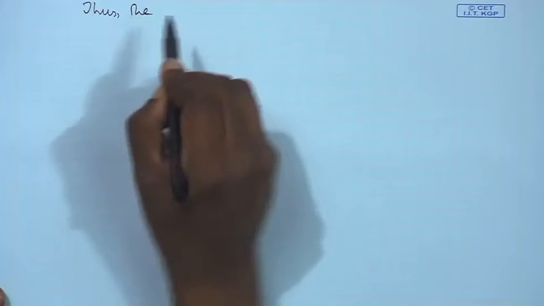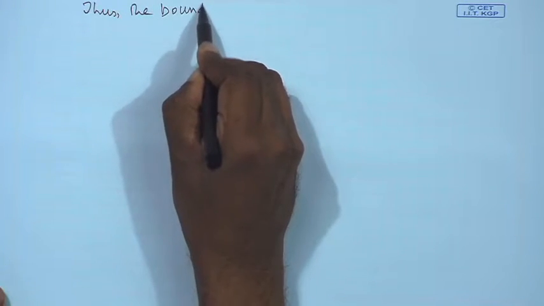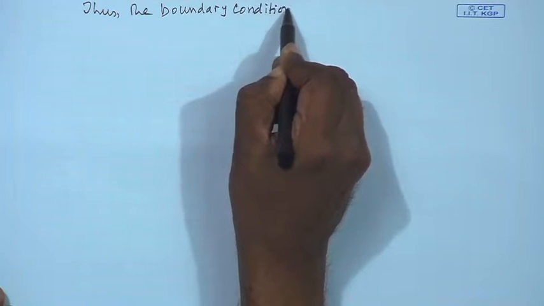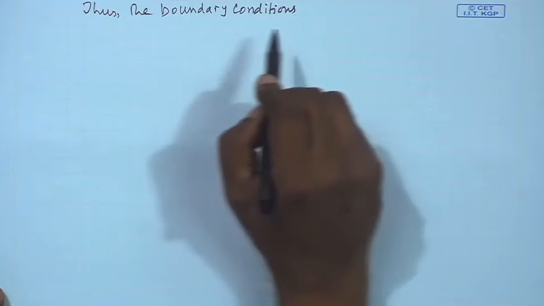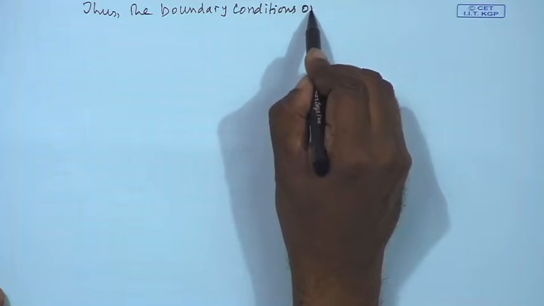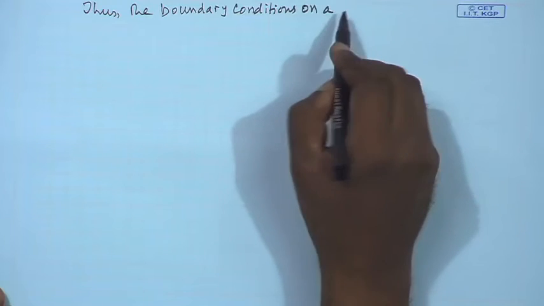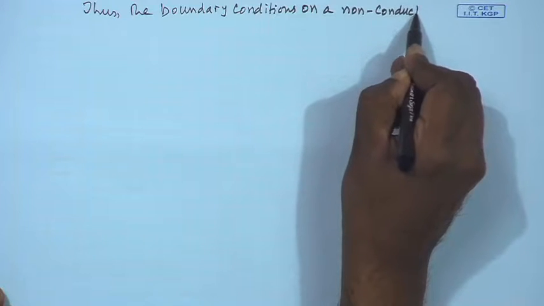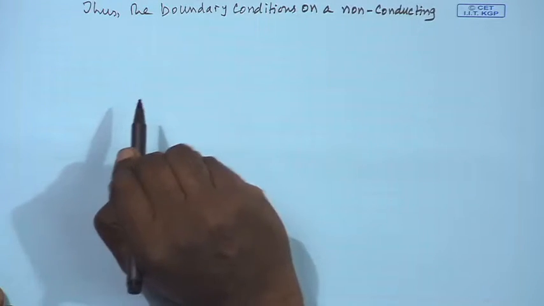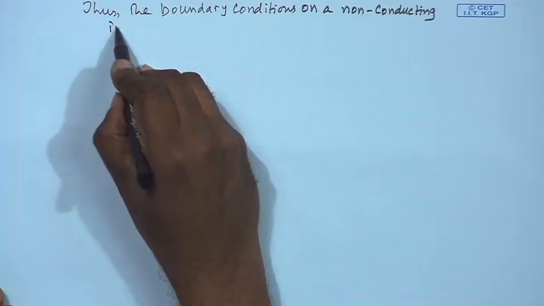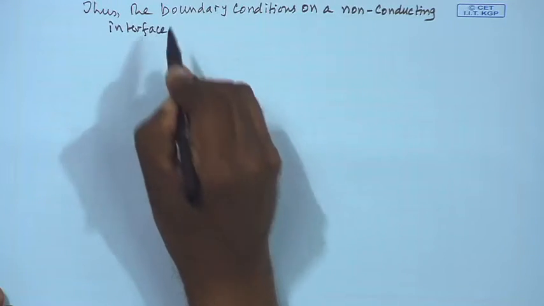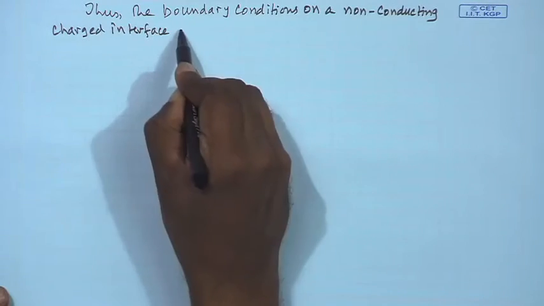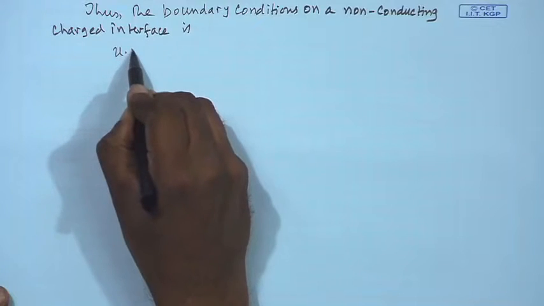Thus, the boundary conditions on a perfectly dielectric, or non-conducting, charged interface: one is u dot n equal to 0.